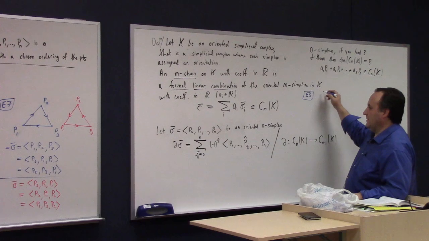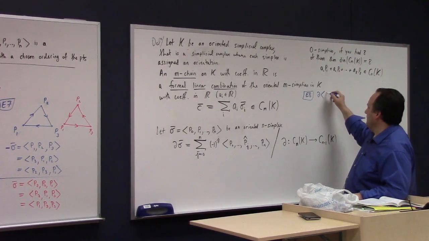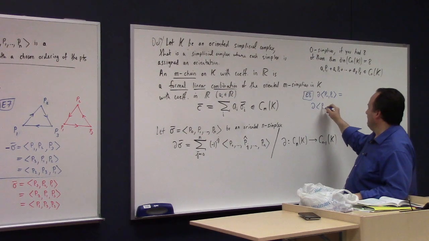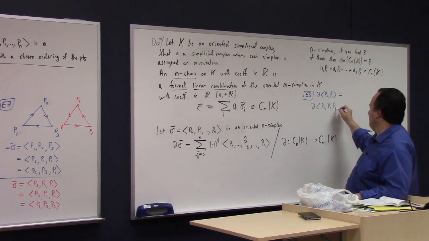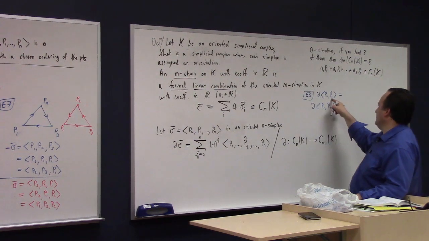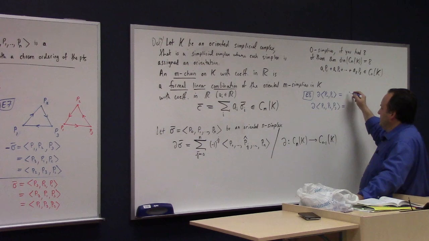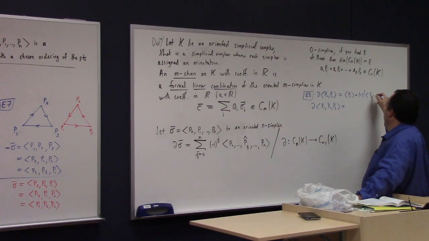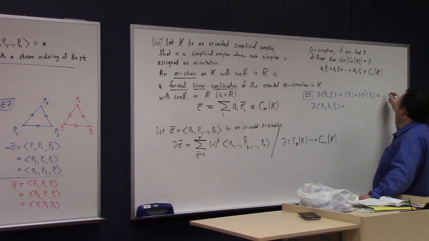Okay, so if we're talking about the boundary of a 1 simplex, what's that? So for a 1 simplex, it gives us either one or the other, but we usually just write that P1 minus P0.